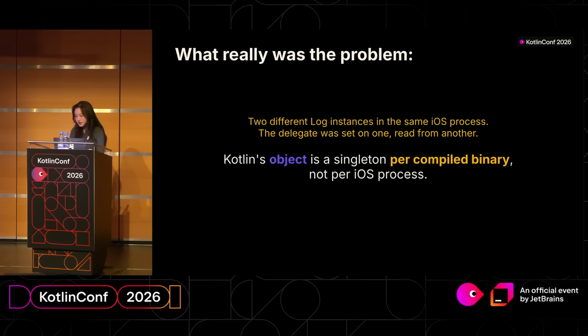But if you come from the JVM world, where a singleton is a singleton across the whole JVM, this is a complete surprise. Hence the title of this talk. I showed you the symbol table not because every Kotlin developer needs to know nm, but when something fails silently across modules and your usual tool says nothing is wrong, just remember that this layer exists.